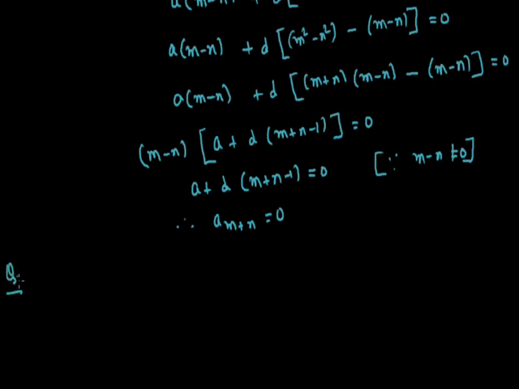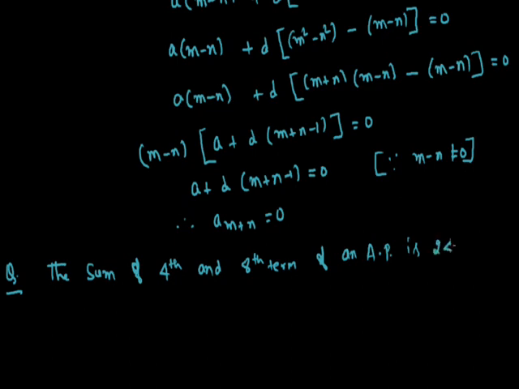Now next problem. The sum of the fourth and eighth term of an AP is 24, and the sum of the sixth and 10th term of the AP is 44.